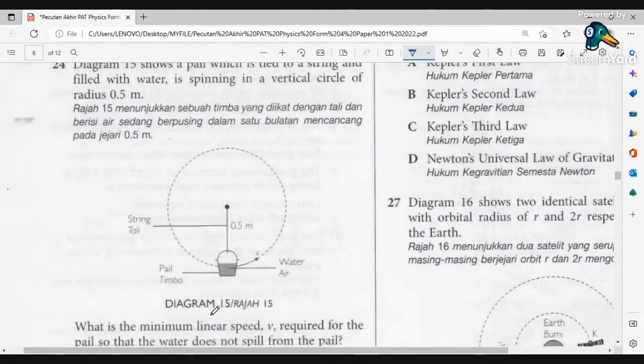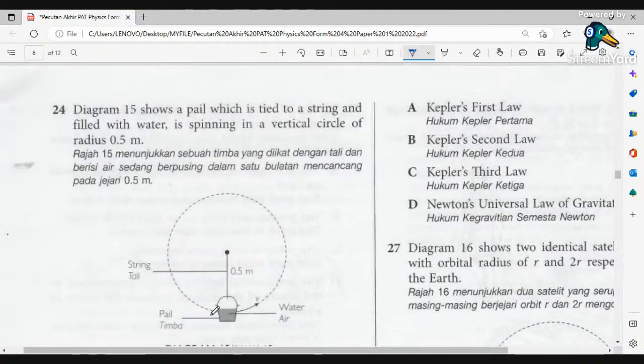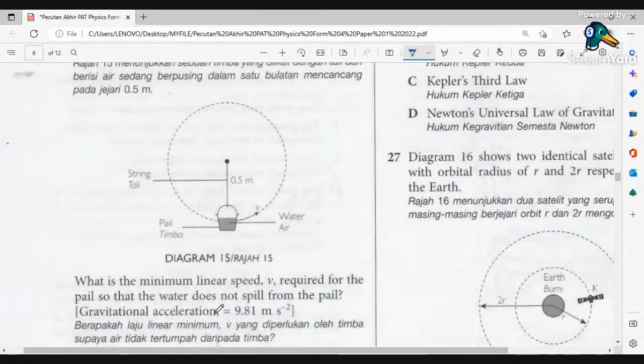Number 24. A pail tied to a string is filled with water, moving in a vertical circle of radius 0.5.